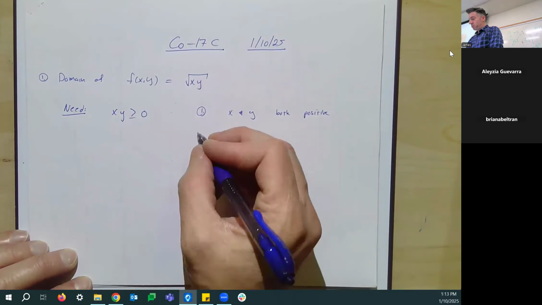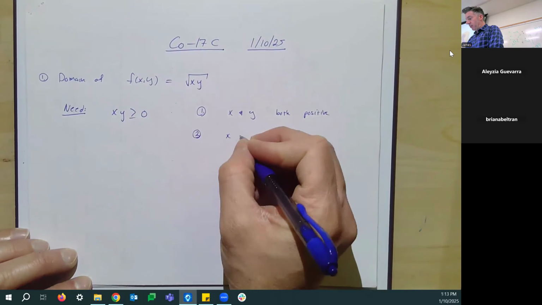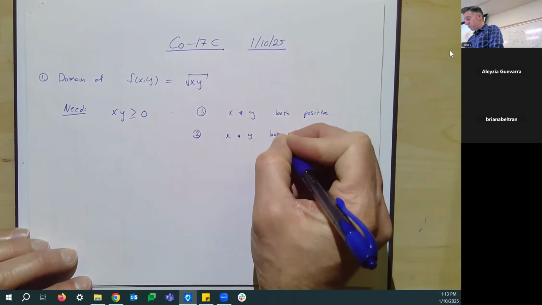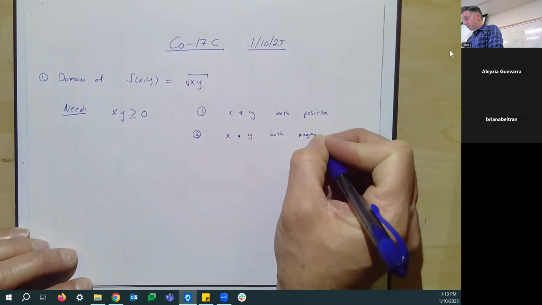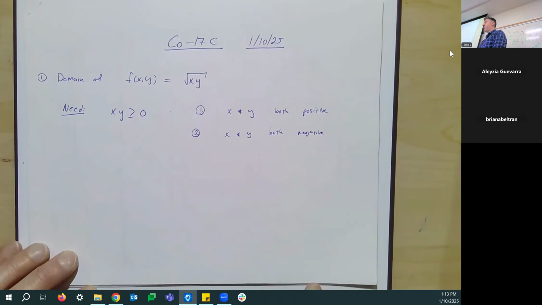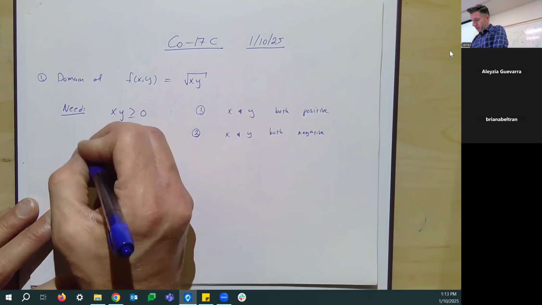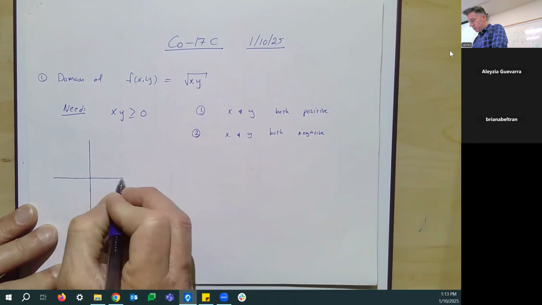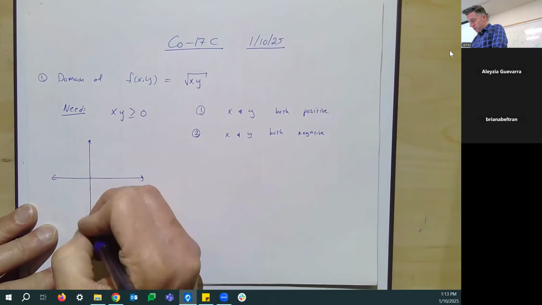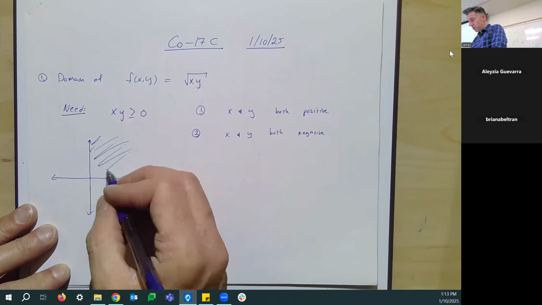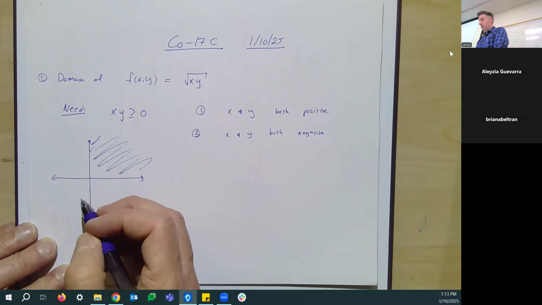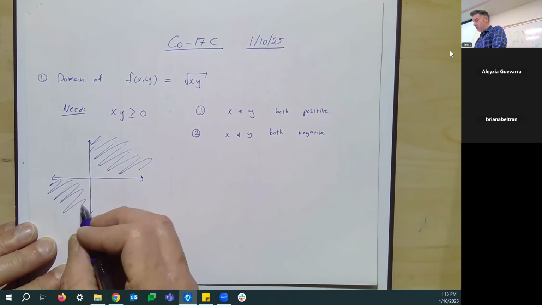Another option is that x and y are both negative. Currently that would give us all of the first quadrant, not including the axes, and all of the third quadrant, not including the axes.